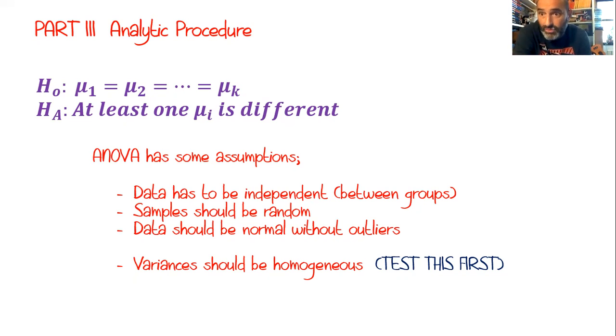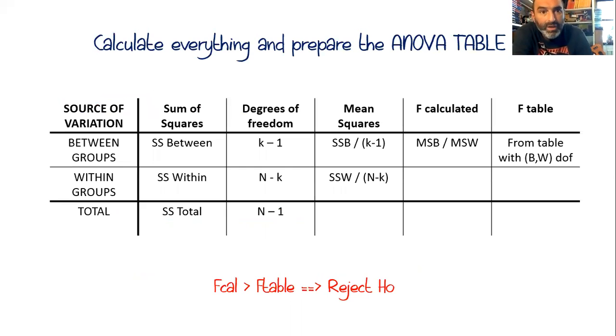I want to see how you do it, right? That's the idea. But if you don't make that note, variances are not equal, so I don't know how much I could trust my ANOVA outcomes, you will lose points. Not as much as the case that you didn't solve, but still.